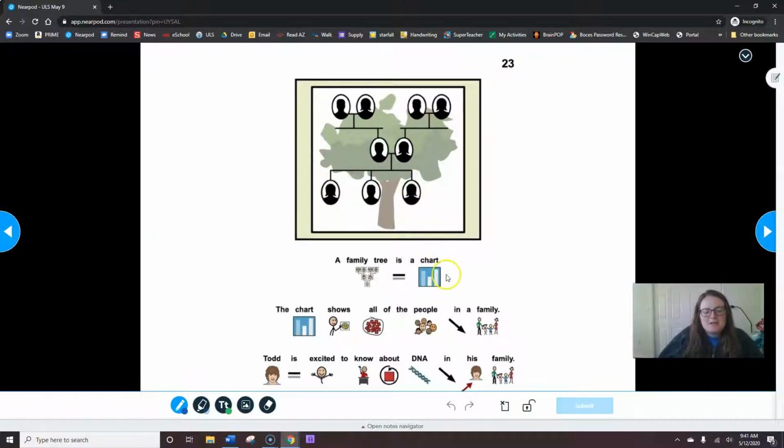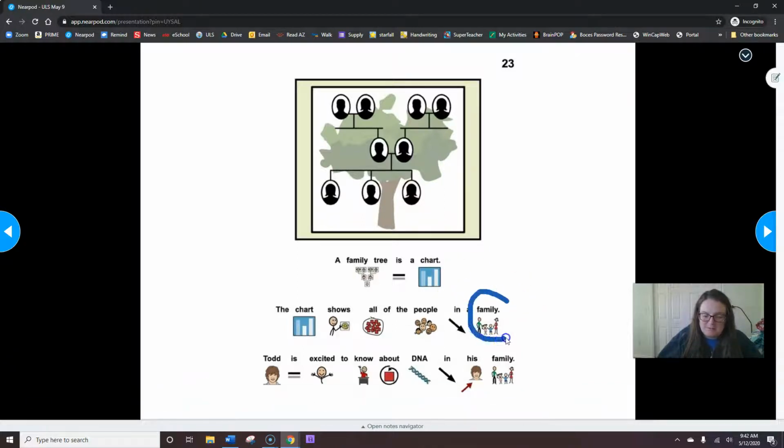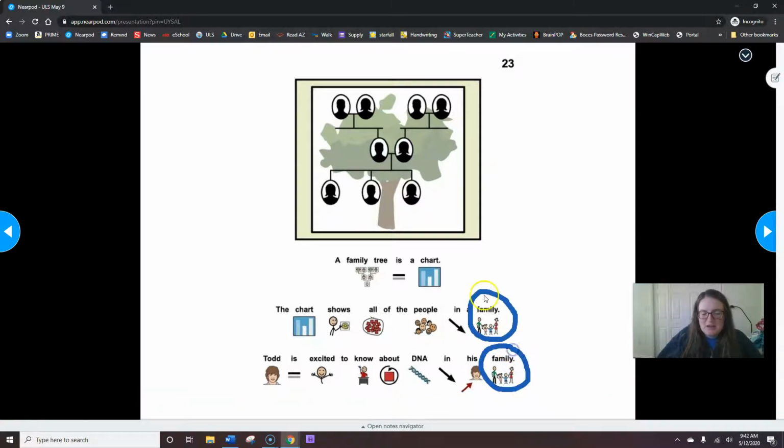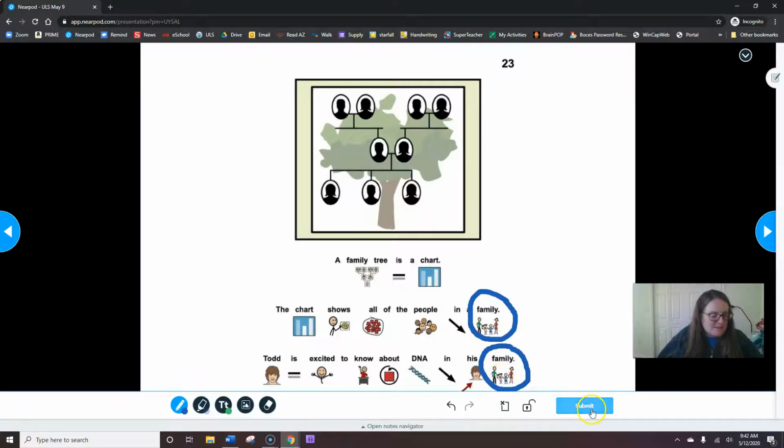A family tree is a chart. A chart shows all the people in a family. Todd is excited to know about DNA in his family. So let's circle the word family, because a family tree is all about your family. It comes up 2 times. Family, family, then submit.